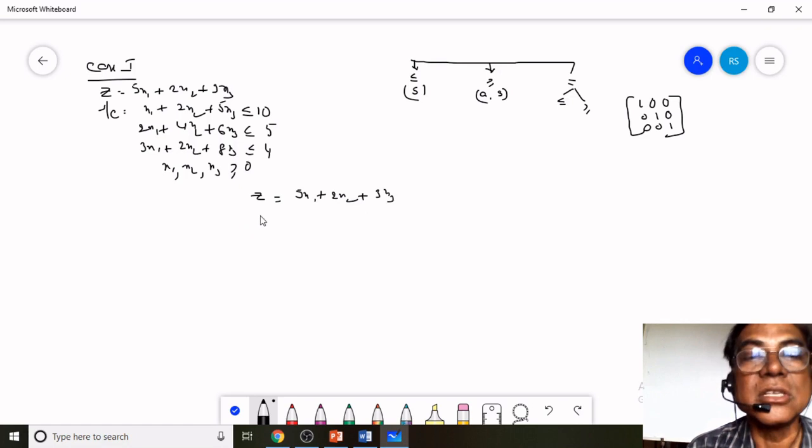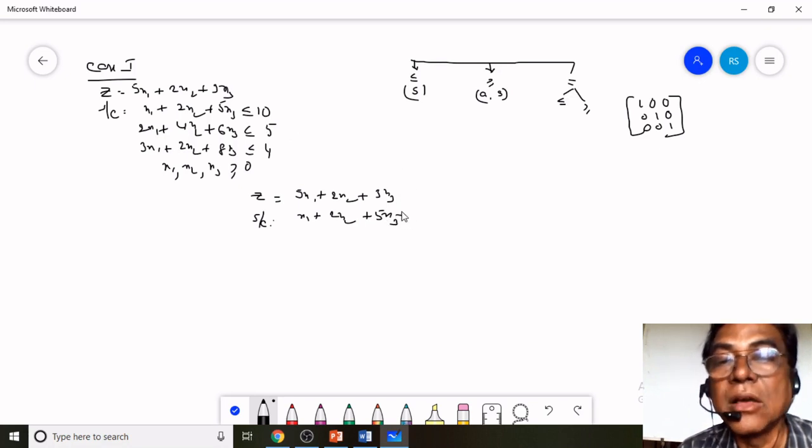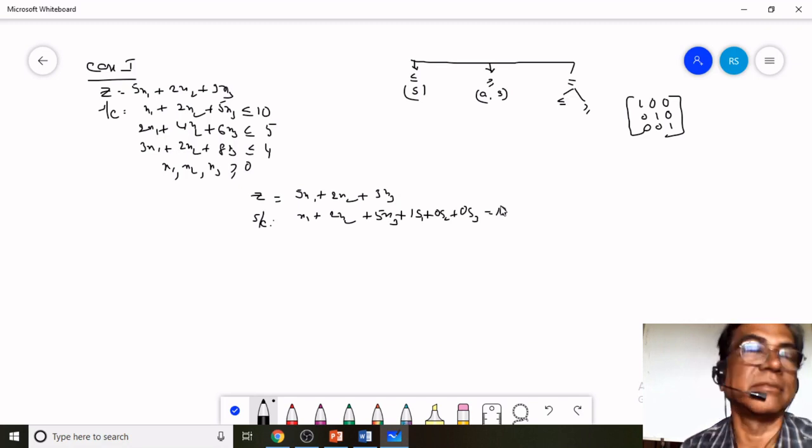Now subject to constraints: x1 plus 2x2 plus 5x3, because this is an inequality, better to go to an equal equation, plus 1 S1, because in the unit matrix this is a 1, so you have to use the 1 here. The remaining: plus 0 S2 plus 0 S3 equal to 10.